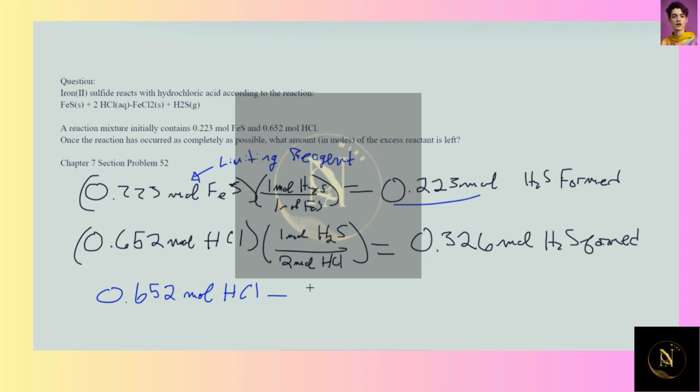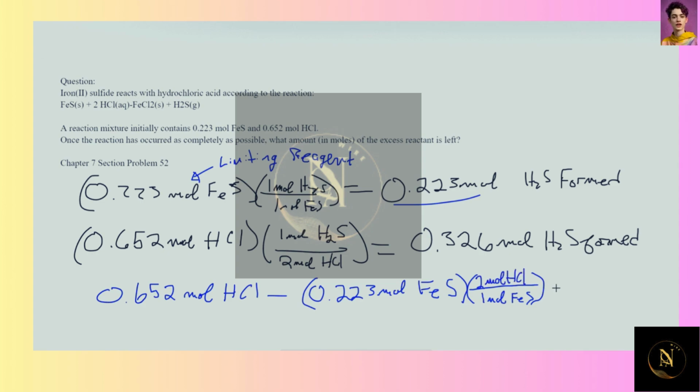Okay, so we had 0.223 moles of FeS. This is how much we used. So we need to convert this into how much of the HCl that we consumed. So for every 1 mole of FeS, we consumed 2 moles of HCl.